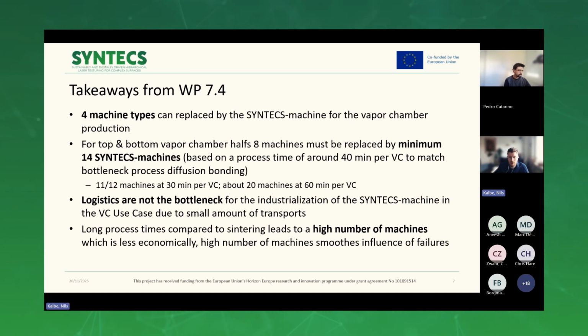What we can say is, due to the long process times compared to sintering, we have a high number of machines, which is maybe less economical, but because of the high number of machines, the influence of failures is quite reduced because it's more balanced. So that's all from my side. If there are any questions, feel free to ask. And thanks for your attention.